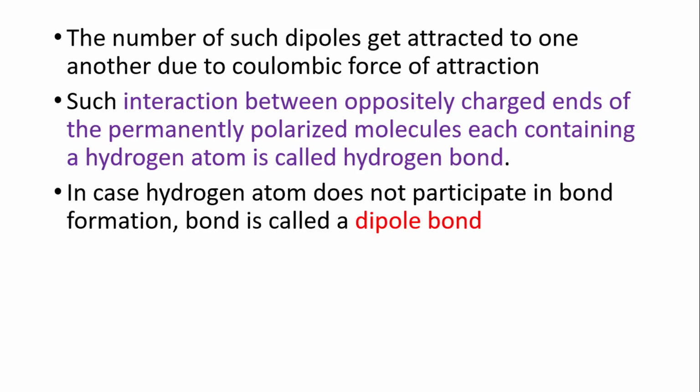When a number of such dipoles, where the hydrogen side has positive charge and the electronegative atom has negative charge, form a permanent dipole, polarized due to attraction of the electron pair towards the electronegative atom, and when such dipoles get attracted to one another due to Coulombic force of attraction between a negative charge and a positive charge, that means the negative side of one molecule with the positive side of the other molecule, a very specific interaction takes place.